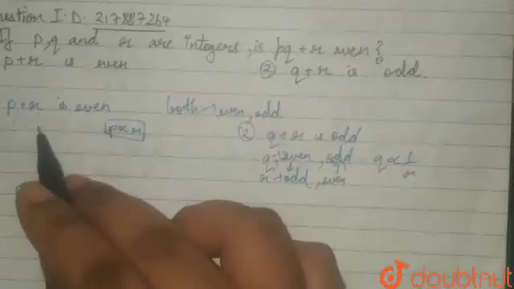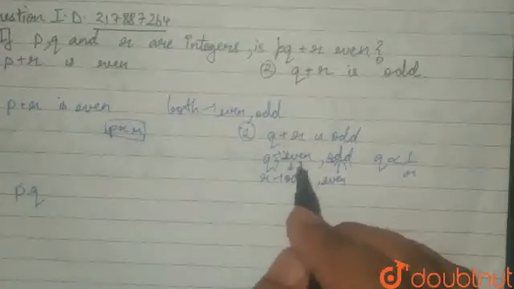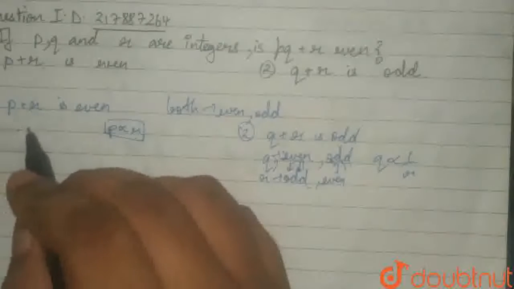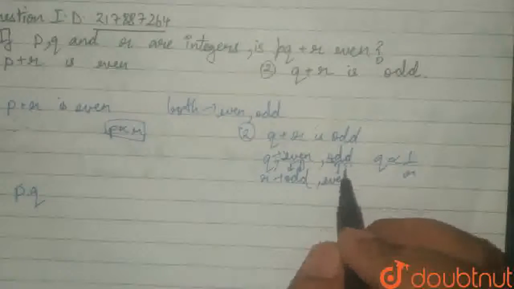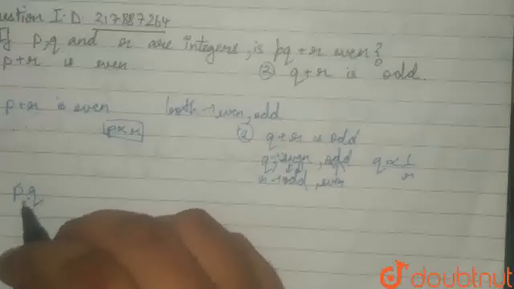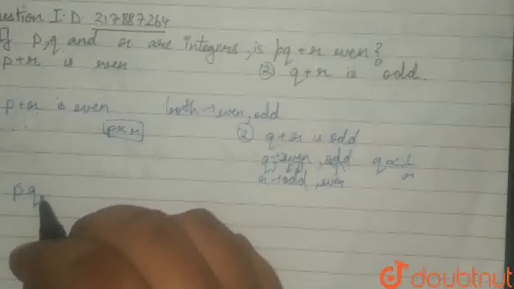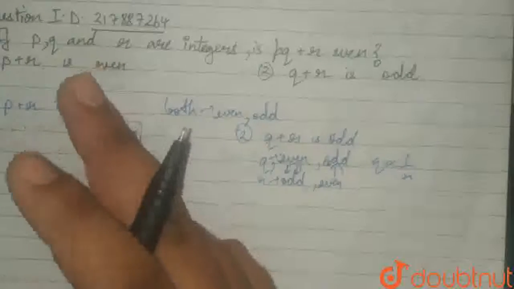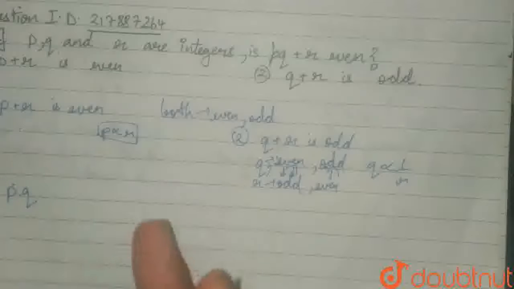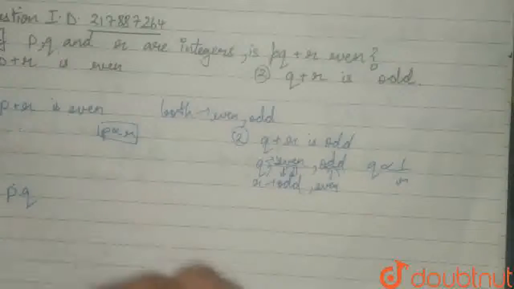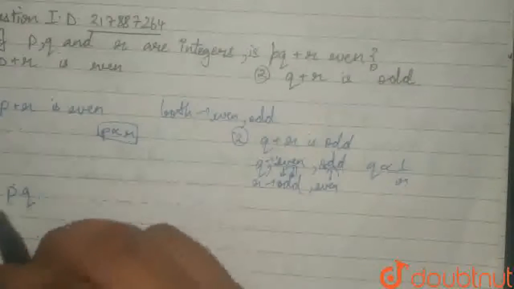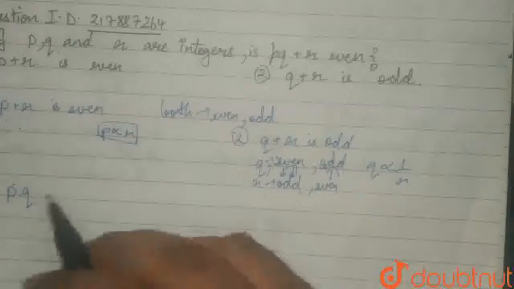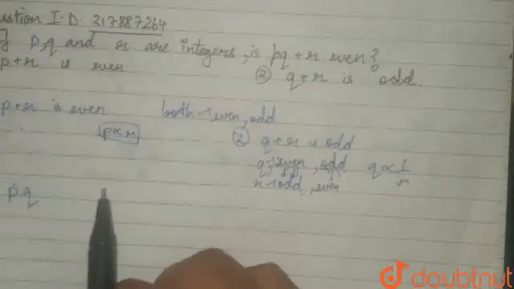So we have established that P into Q is the multiplication of two different types of numbers, odd into even or even into odd, depending on the type of number P or Q is.